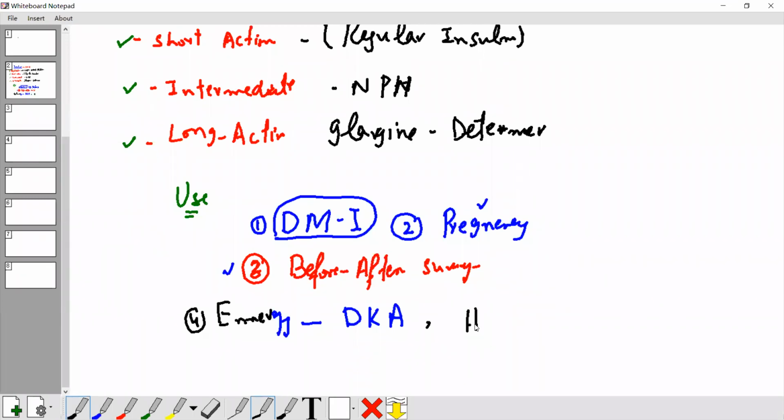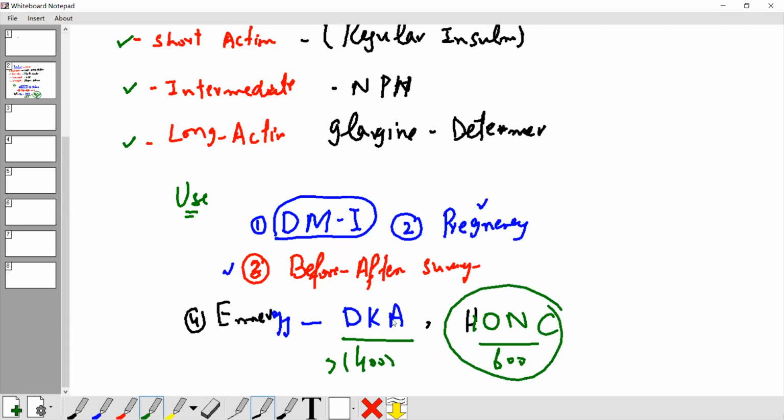Another is hyperosmolar non-ketotic coma. Here also there is hyperglycemia, with sugar level nearly greater than 400, even 600. It's a very high level of sugar. In DKA there is also acidosis.